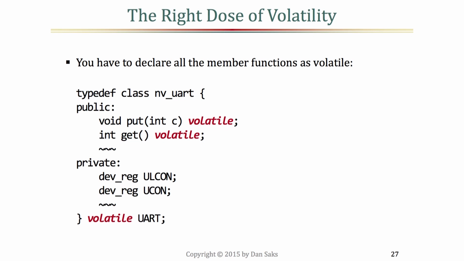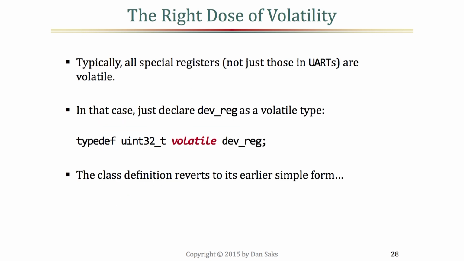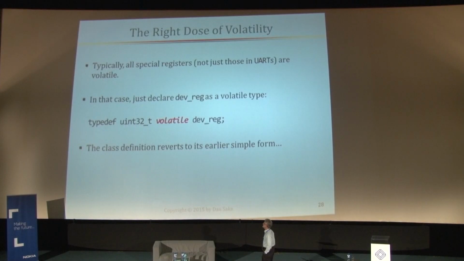You also wind up declaring every member function volatile. And that becomes tedious. It's just hard to propagate that through and maintain it. So what I find is almost always the best approach is just to go back to this typedef and put the volatility right in there. Make it that every device register is a volatile uint32.